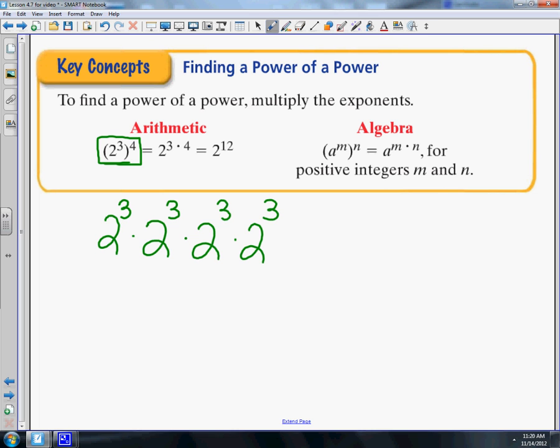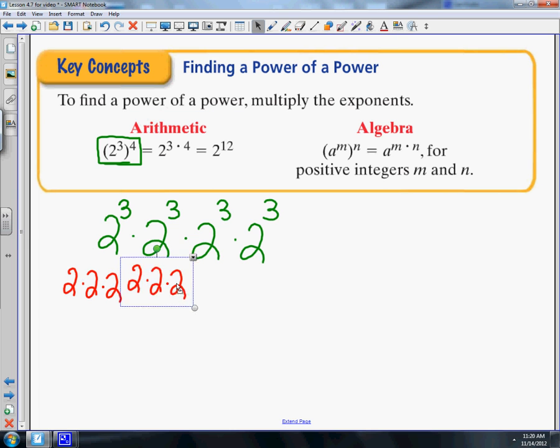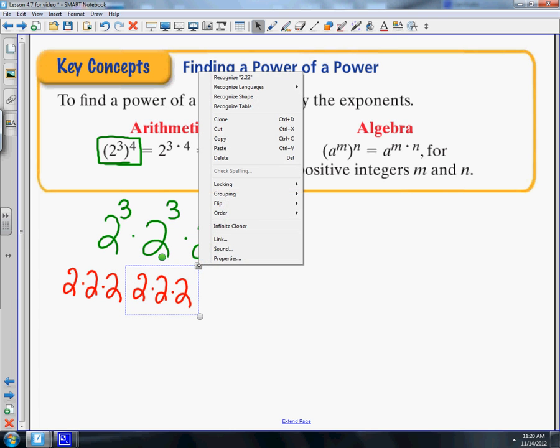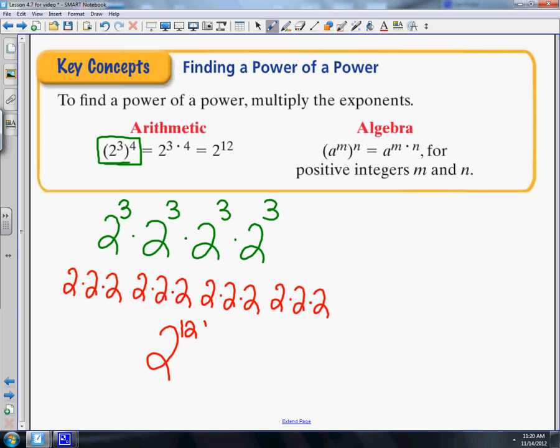And then if I were to write that out, I would have 2 times 2 times 2 3 times, and then I'd have that 4 for each one of these. It's multiplication, remember, so it multiplies. And then you add up all those 2's and you get 2 to the 12th power.